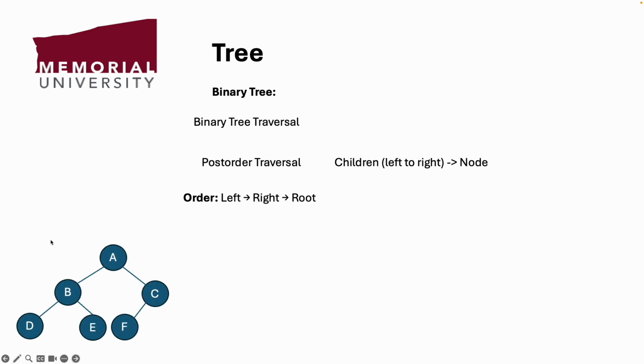Okay, let's look at the same example. Let's go through the steps of the post-order traversal in this case. The first one, we go from the left, right? The most left child is what? It's D. And then we visit the right node, E. And then we visit the root node, because D and E don't have children.